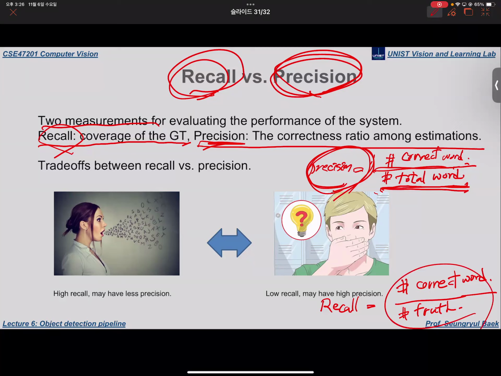So, let's assume that some people have high recall, but there could be a person that has low recall, but may have high precision. There could be a person like this, okay?